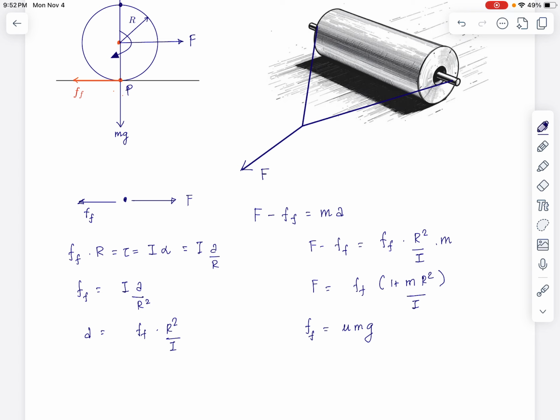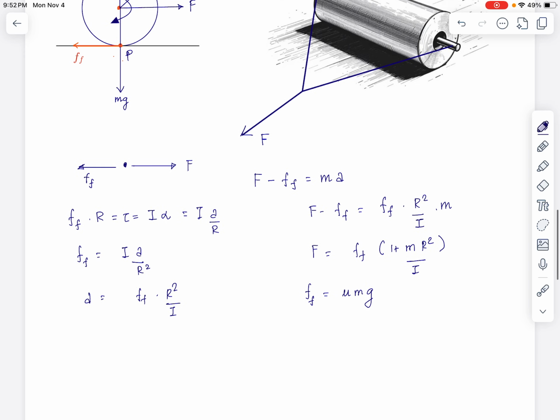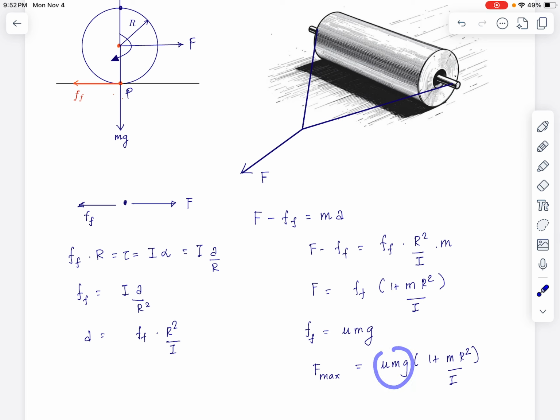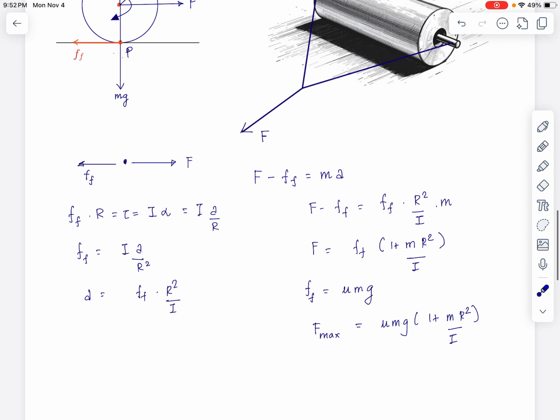That's the interesting part. So the maximum force is essentially mu times mg times 1 plus m r squared divided by I. The maximum force that can be applied to this cylinder in this particular way, dragging it by applying a force at the center, cannot exceed this expression on the right.